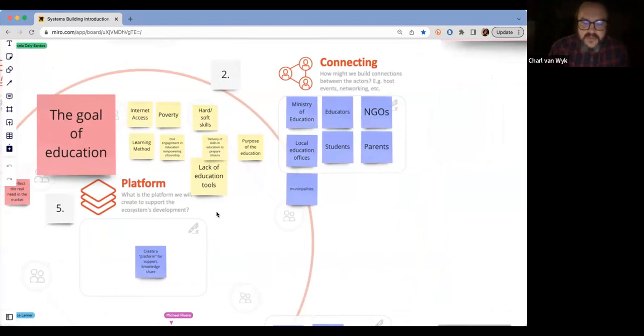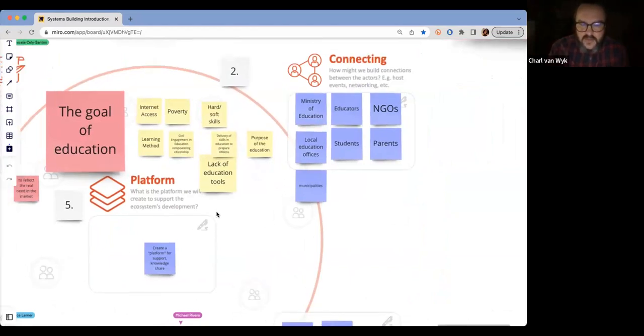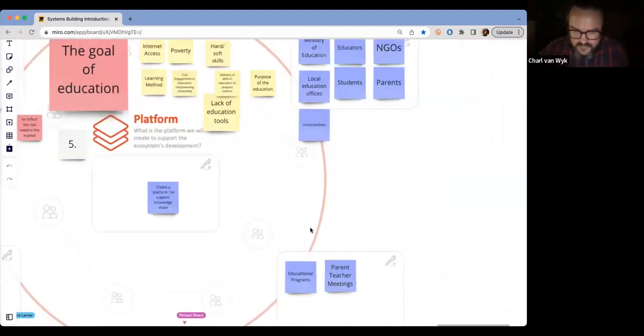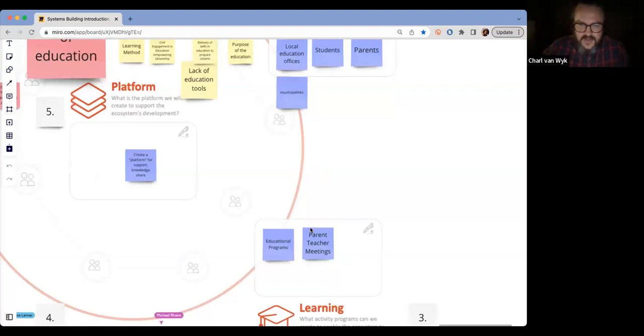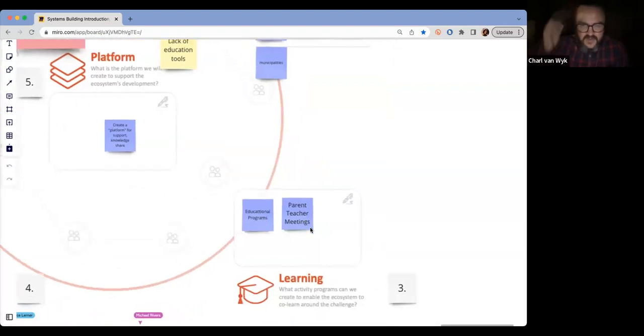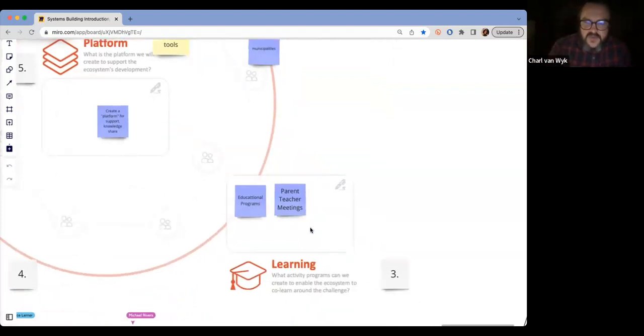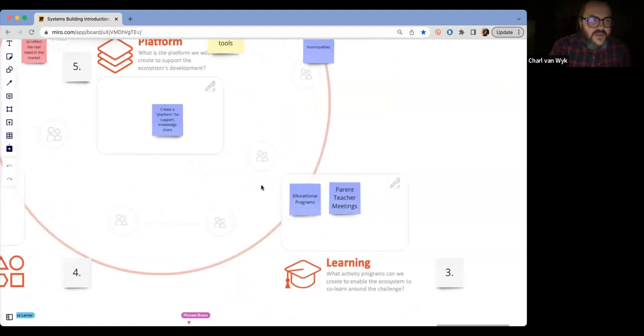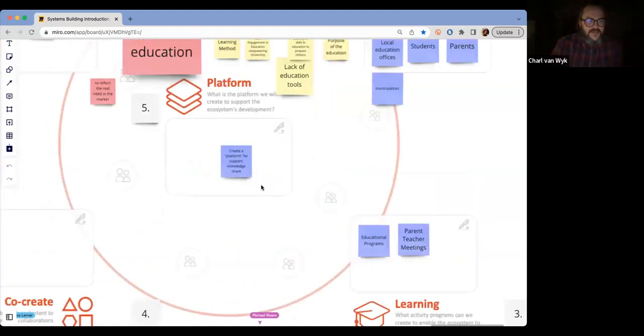Then, if you can scroll down a little bit, in terms of learning, potential activities could be running some kind of educational programs, something similar to parent-teacher meetings. And if we jump to the top left, that would be our next step.